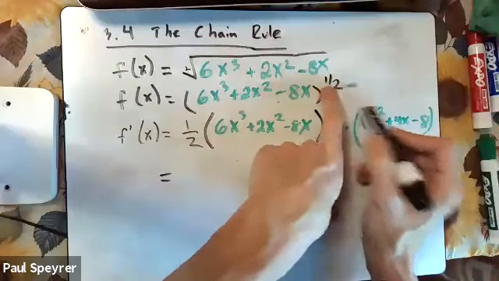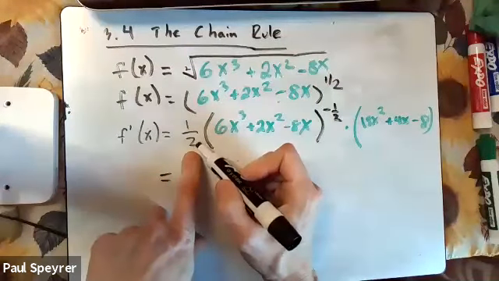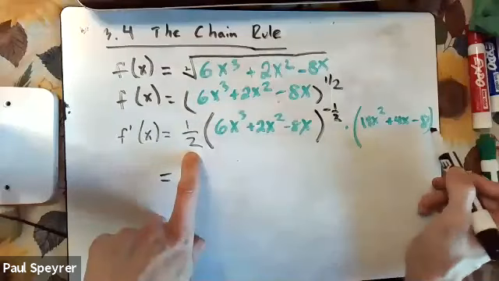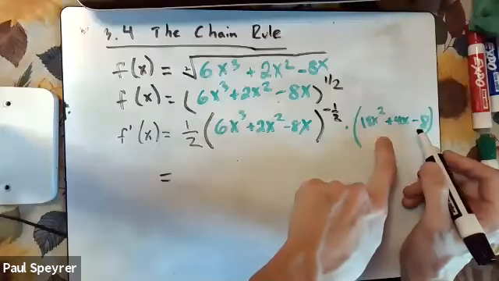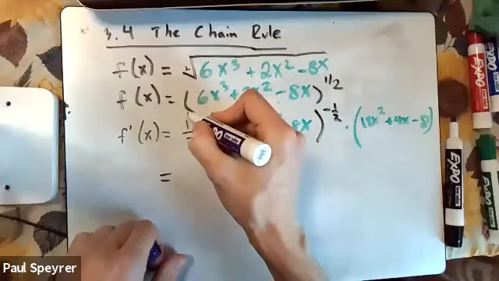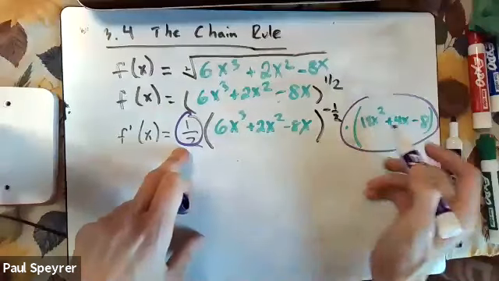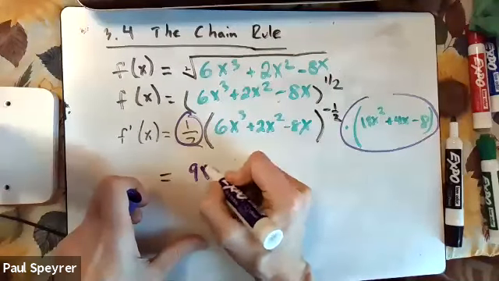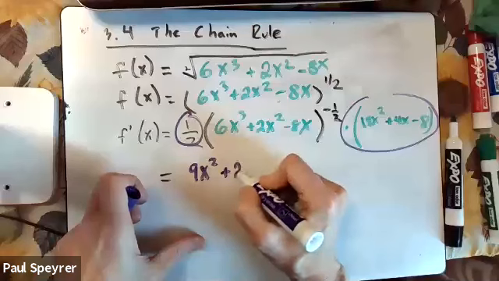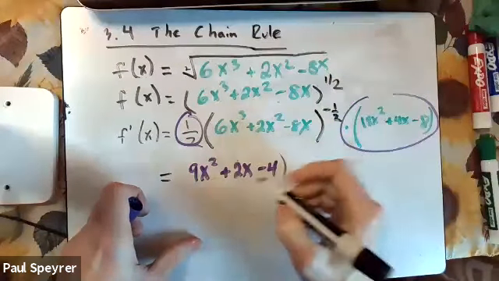You're not going to keep carrying these exponents over and over like that. So if we take this 1/2 and multiply it into all this stuff, a half times all this is just basically 9x squared plus 2x minus 4, right? That's what we're left with.